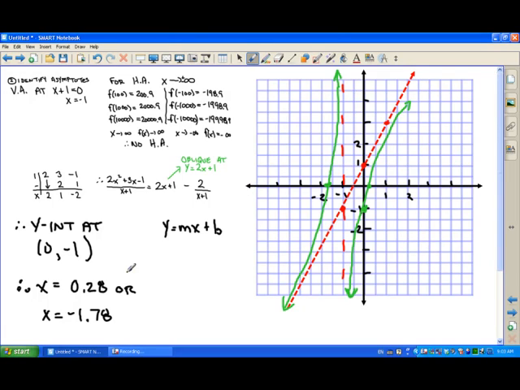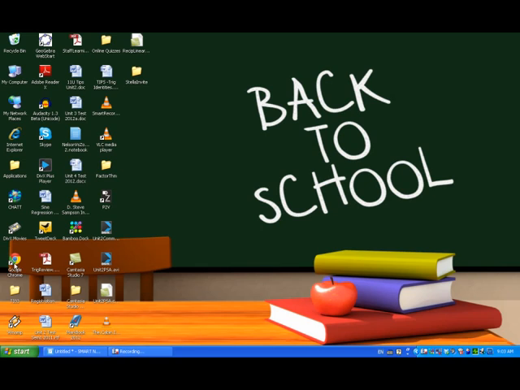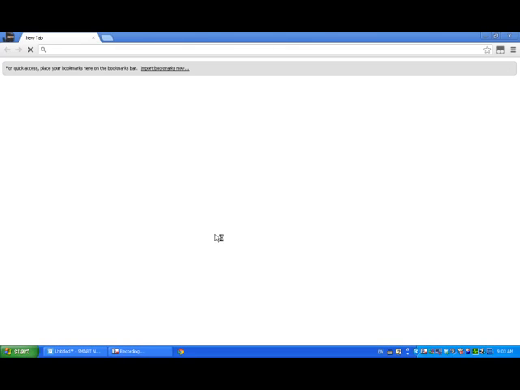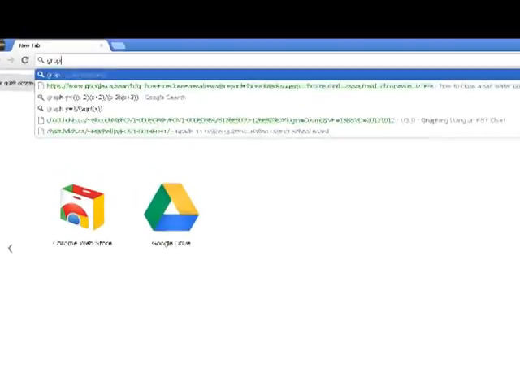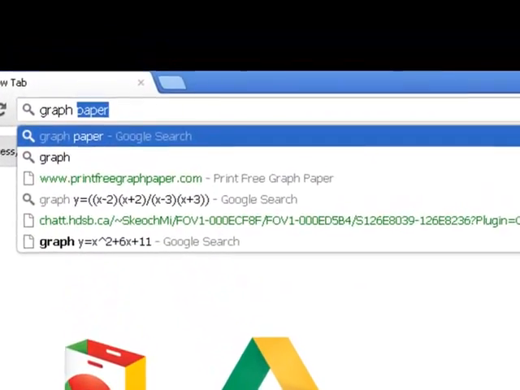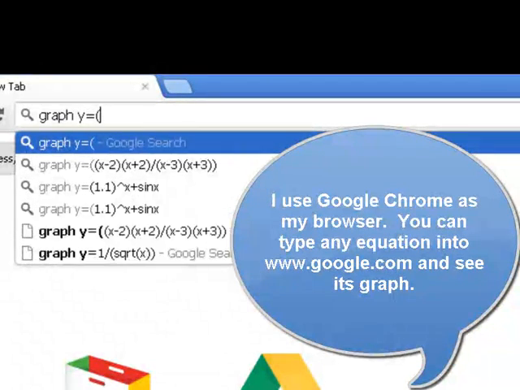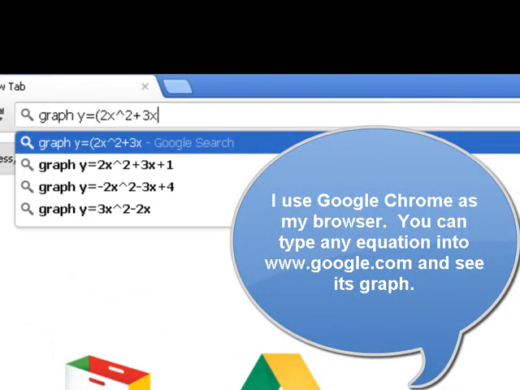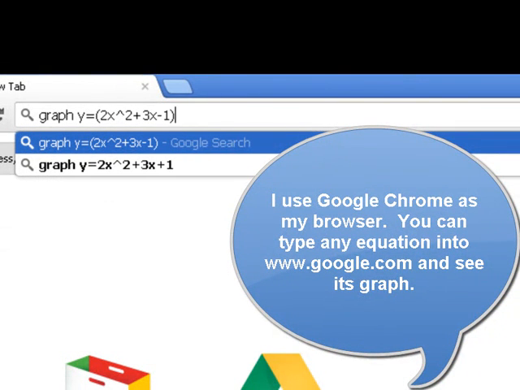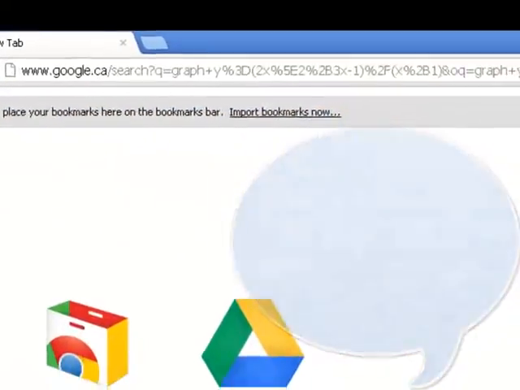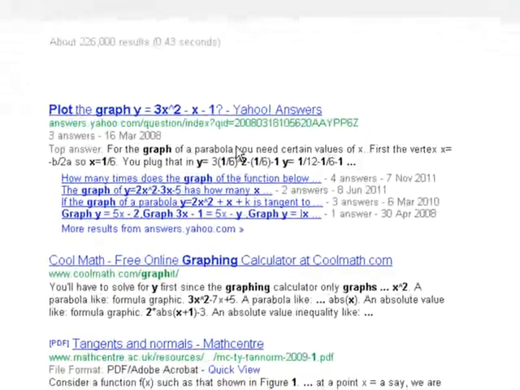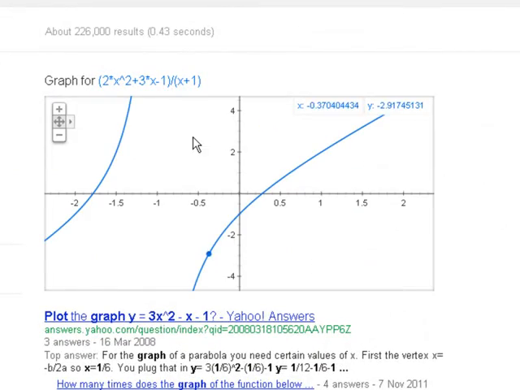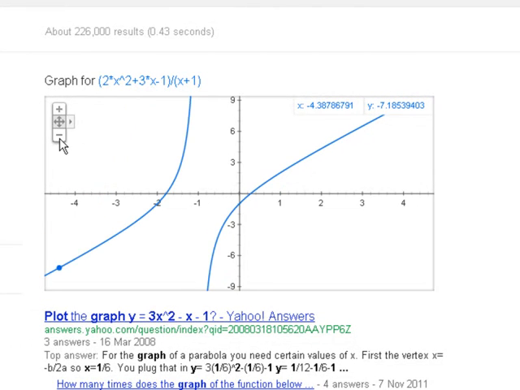Let's see if we can get a better idea of what this looks like, maybe using Google Graph. So there's Google Graph's version.